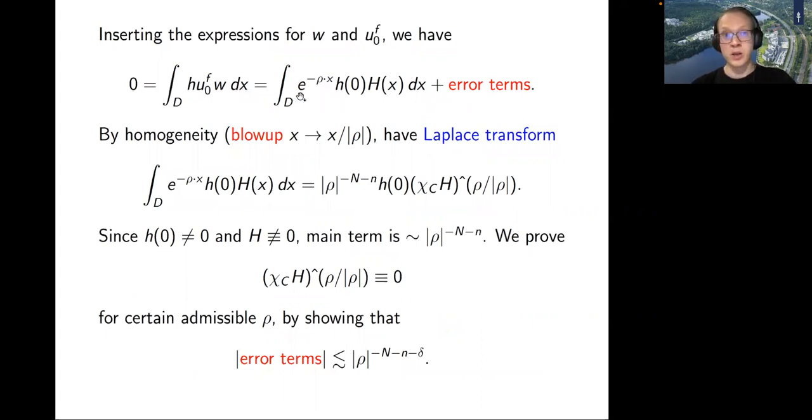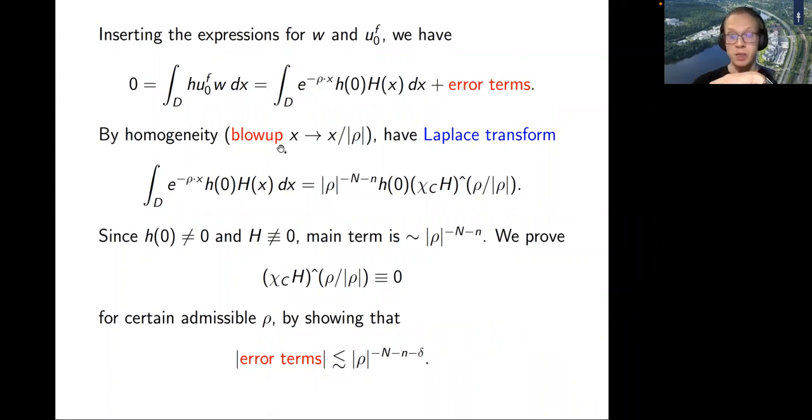So you get the main term, which is the integral over D of e to the minus ρ·x. You're going to freeze the coefficient h at 0, assume this is somehow continuous, and then you get the harmonic homogeneous polynomial capital H, plus error terms. And then you're somehow going to do a blow up. So you change variables in the main term, x goes to x over |ρ|.